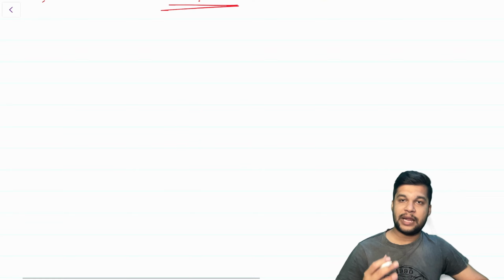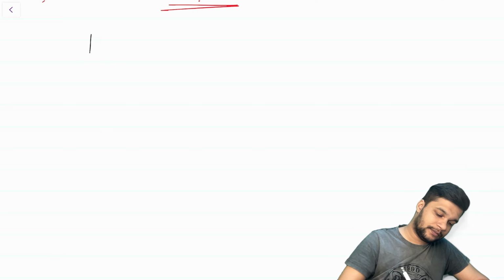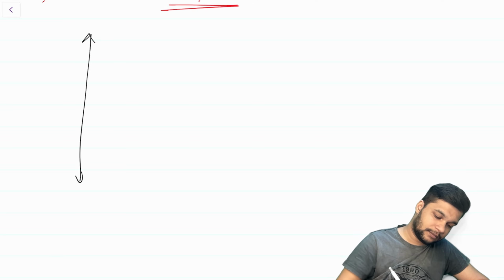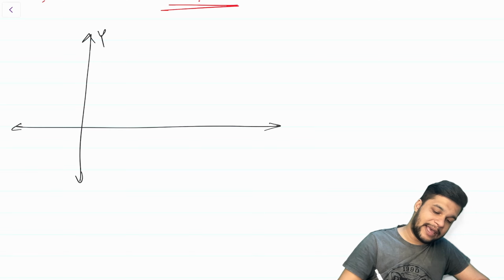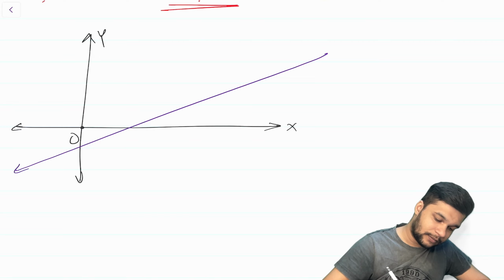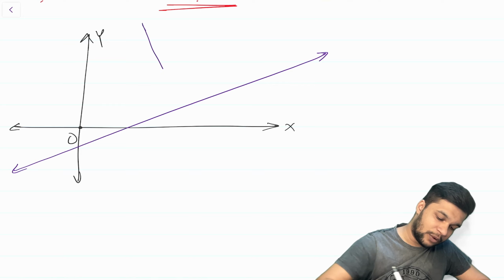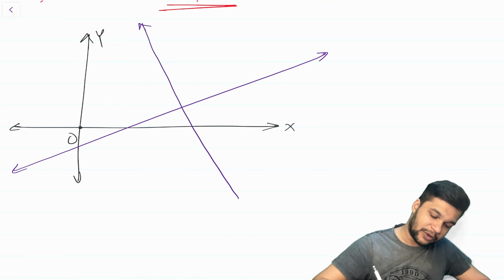Now for perpendicular lines, what will happen? Let's draw the Cartesian plane. Let's say this is your y-axis, this is your x-axis, and this is your origin. Let's draw a line, and let's draw a line perpendicular to it.